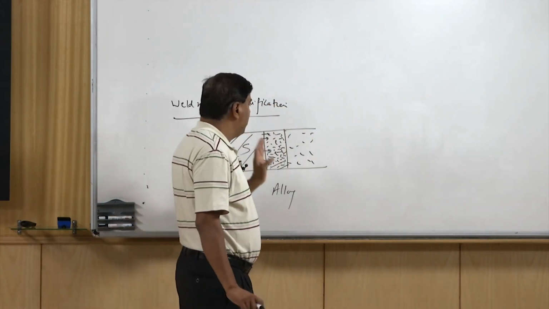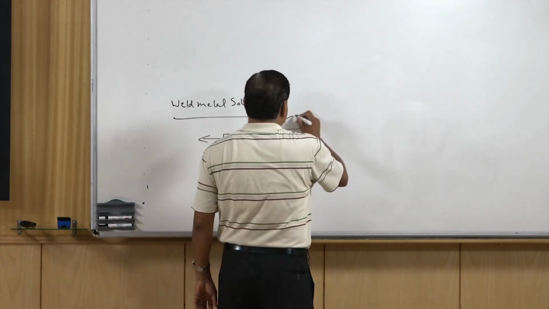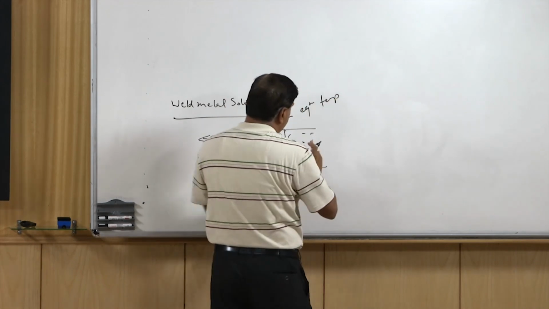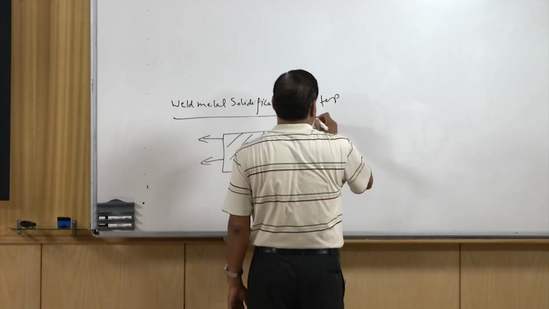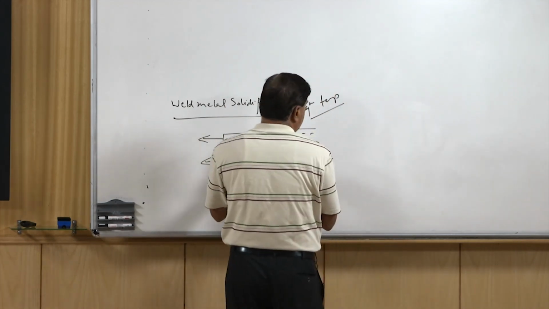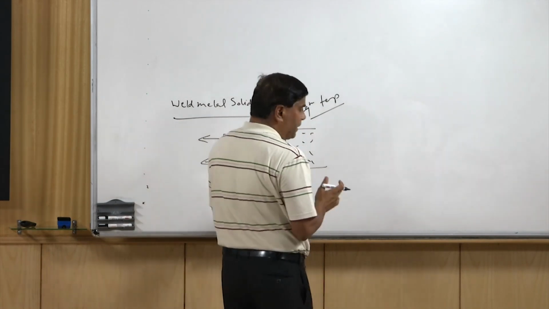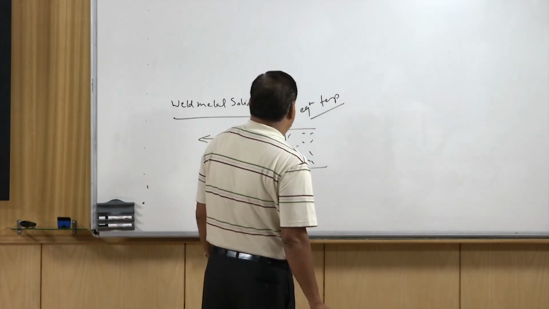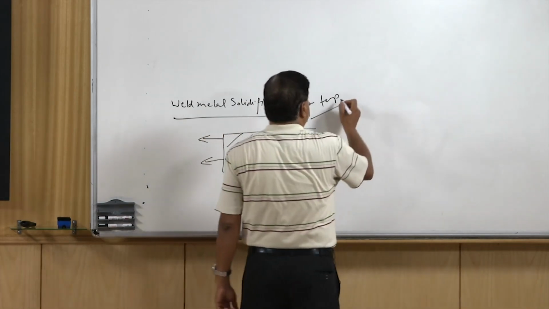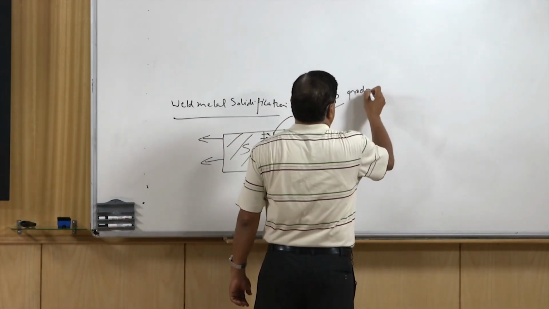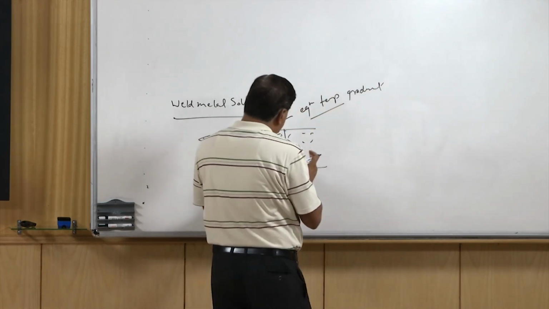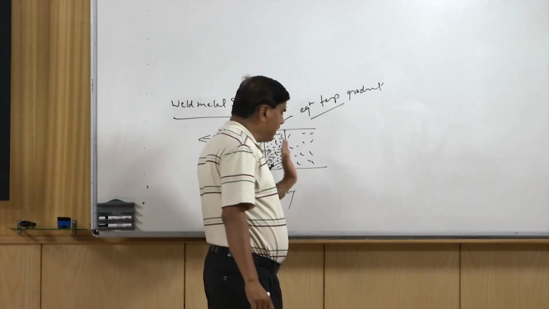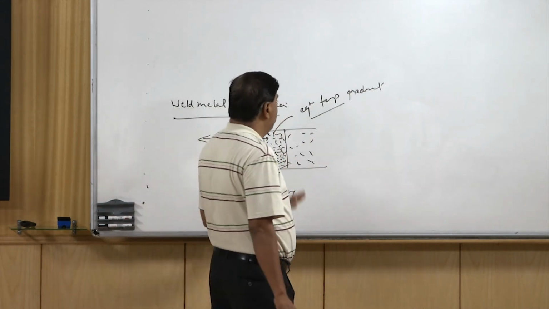Because of this, we will see that the equilibrium temperature gradient in this region is different from what it is for the remaining portion, due to this compositional difference or enrichment of the alloying element in the vicinity of the solid-liquid interface. The equilibrium temperature gradient is found different, and it will depend upon the rate at which the enrichment is taking place, and the rate at which the alloying elements are diffusing within the liquid metal.